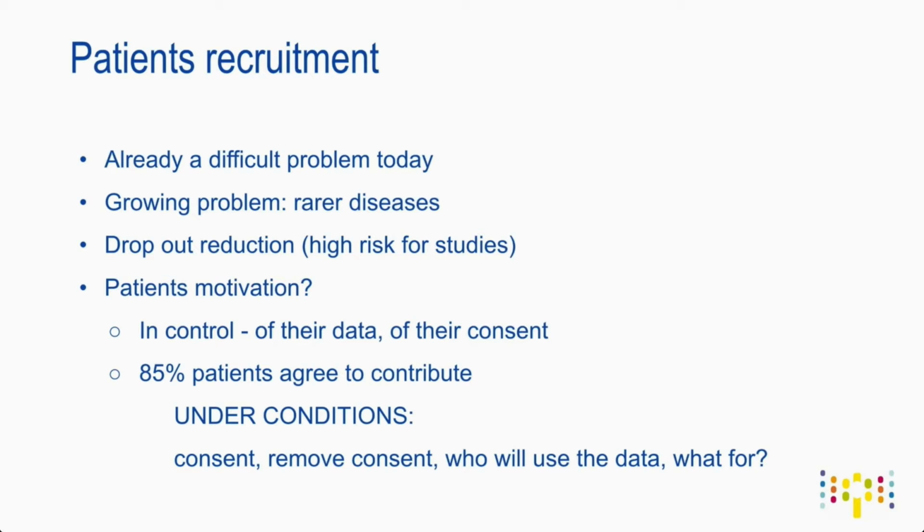Also, when you have recruited the patient, there is a number of patients that drop out for various reasons, and if the number of patients gets too low, then the data is not significant anymore, and the whole study can be thrown away or aborted, and with very high costs to the sponsors.